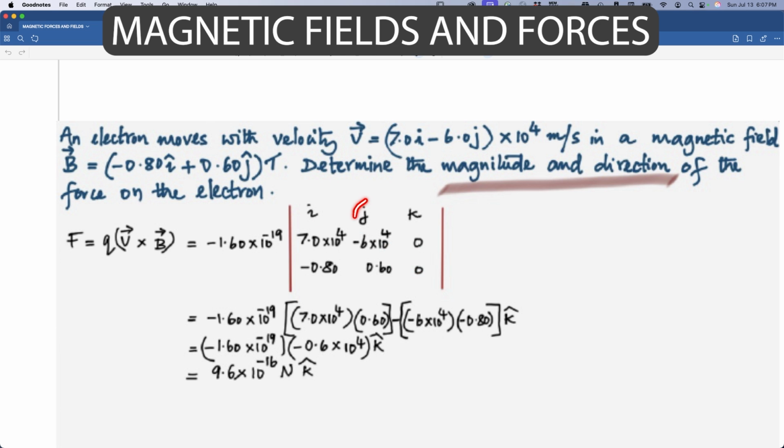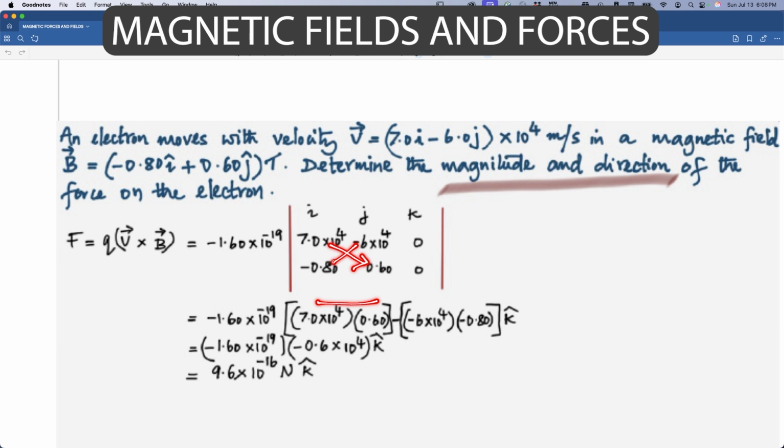Now to get the value for j, similarly, you just isolate that and go this times this. Once again, you're going to get 0. That's why you don't have any coefficients for i and j. But when it comes to k, you isolate this and then go this times this, which is what I've written here, minus this times this.